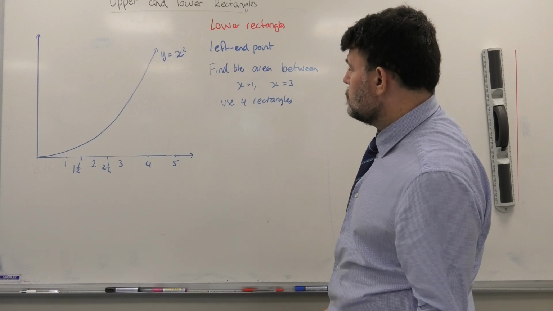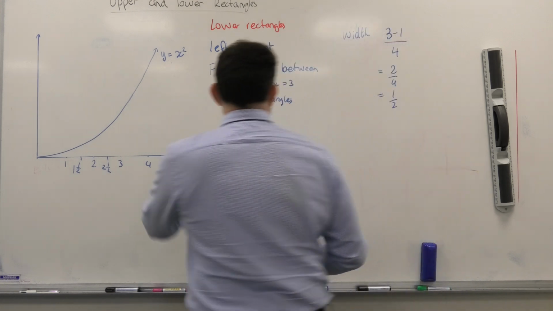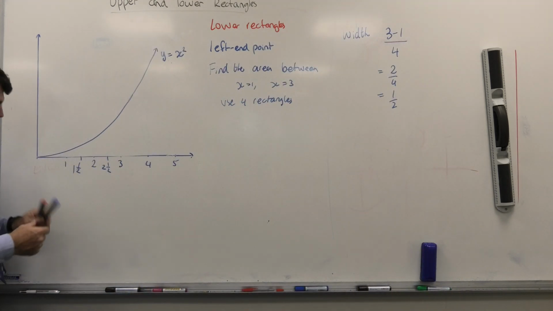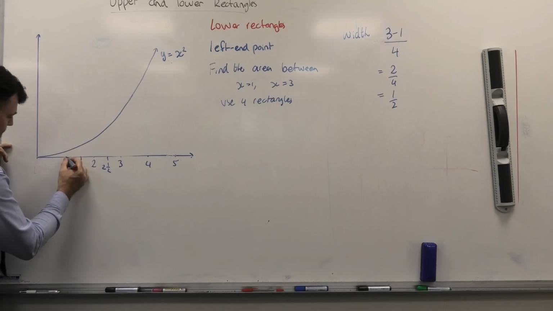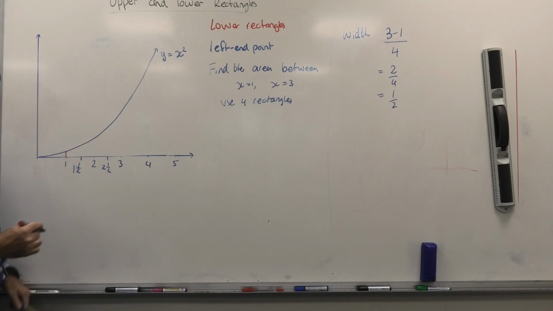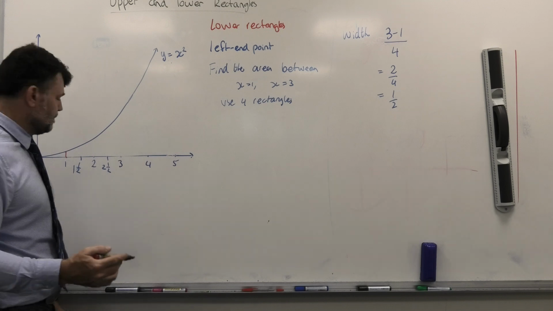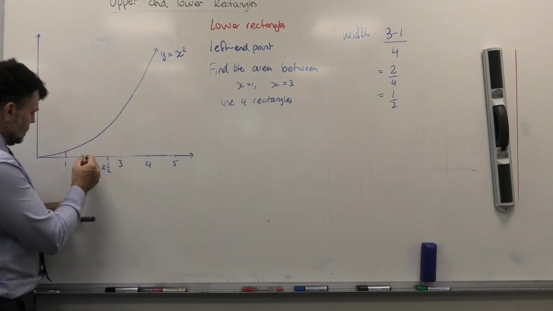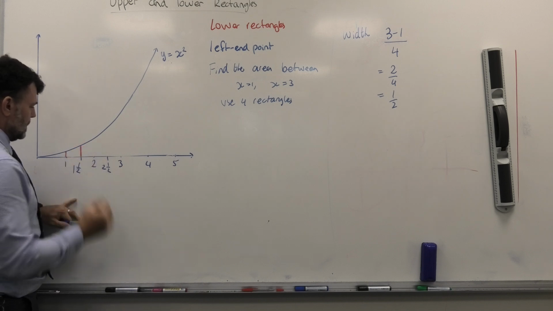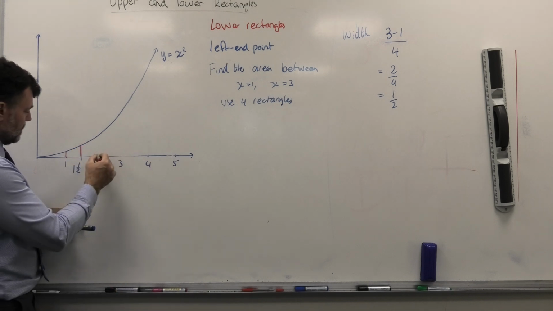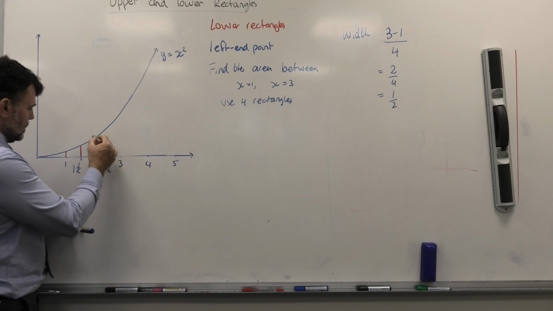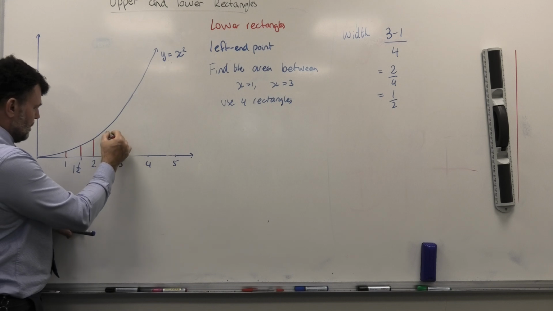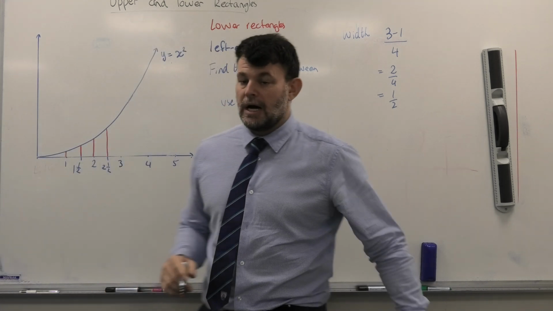Starting from the left, our first one is 1. So we start from 1, we sketch up until it touches the curve. The next rectangle starts at 1.5, goes up, touches the curve. The next one, another 1/2 up, 2, and then 2.5.